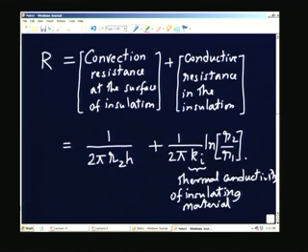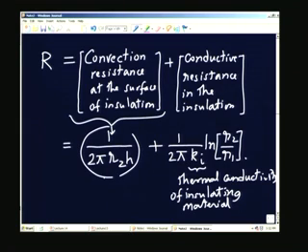So, the heat transfer in the radial direction is represented by a resistance to heat transfer given by the sum of two parts, the convective, it is also sometimes called the film resistance, which is given by the first expression shown here, plus the resistance due to the finiteness of the thermal conductivity of the insulating material, which is given by the second expression here.